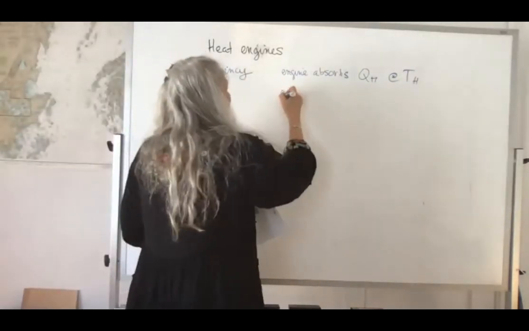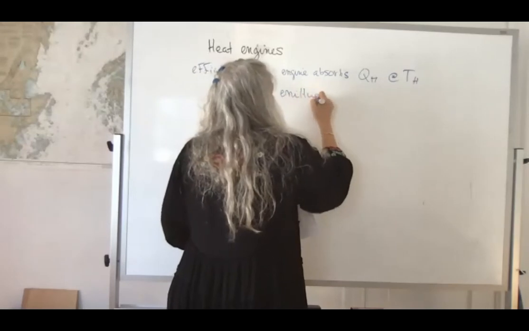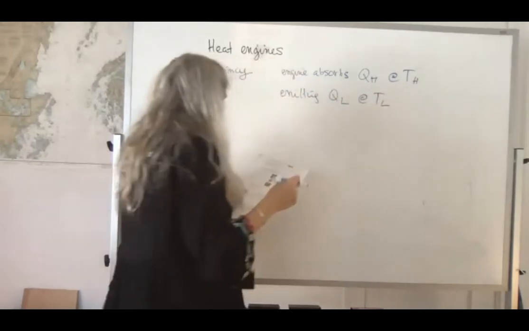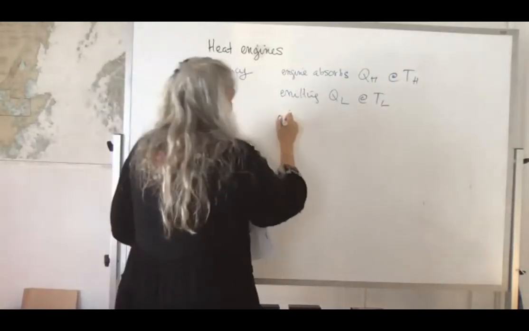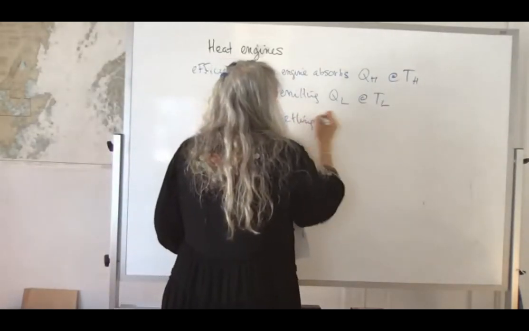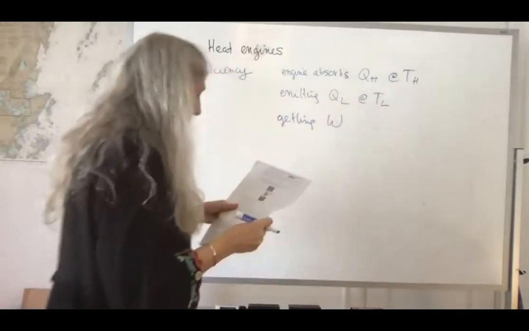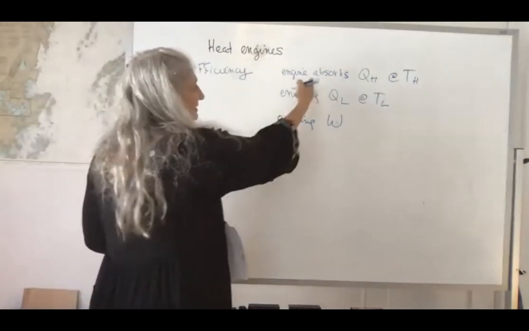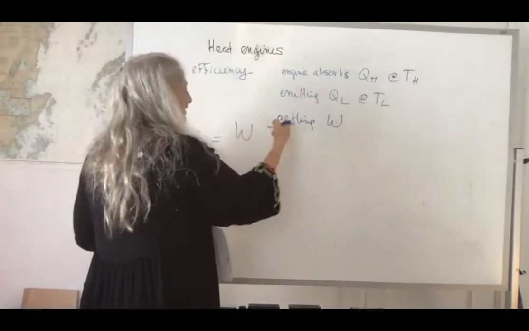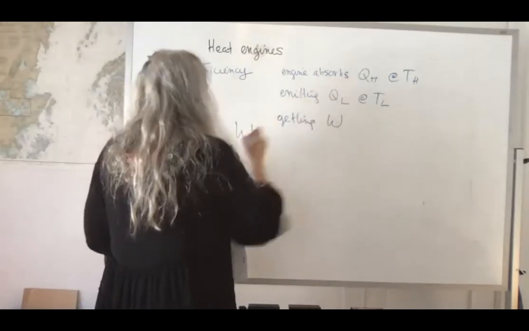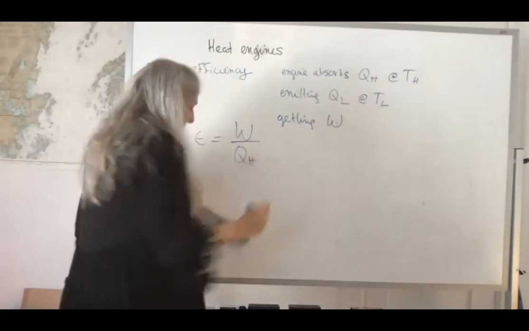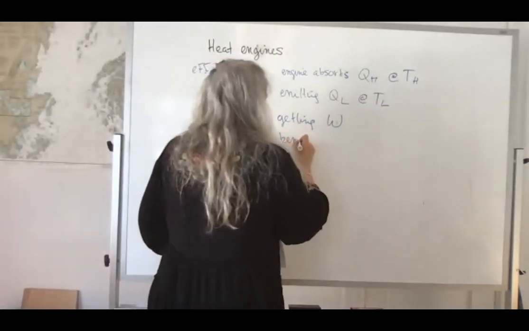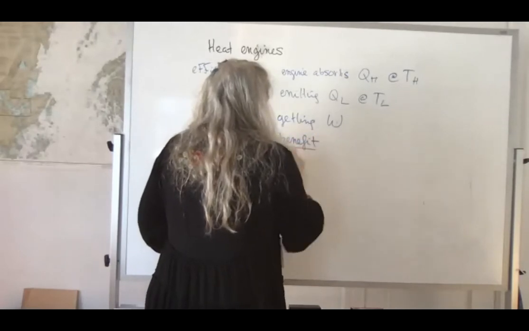And it's emitting QL at TL. And you're getting W, which is the work. So the efficiency is defined by how much work you get by how much heat you're absorbing, QH. So this is a way of saying benefit over cost.